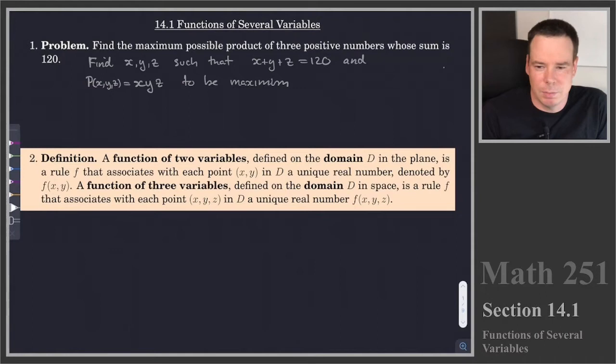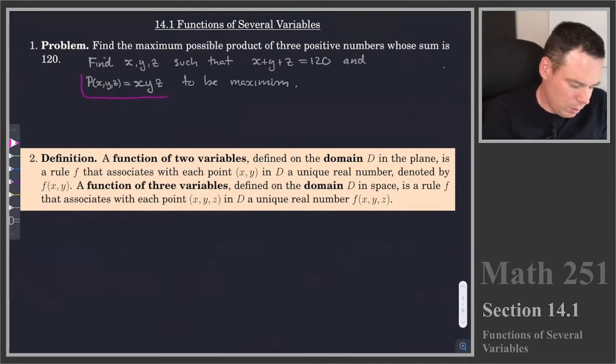I want to find the maximum value of capital P when the inputs come from this set of values that satisfy x plus y plus z equals 120. So we now imagine this as an optimization of a function problem. We want to optimize the function P, find the maximum value of it when we restrict the inputs to be in this domain where x plus y plus z is 120.